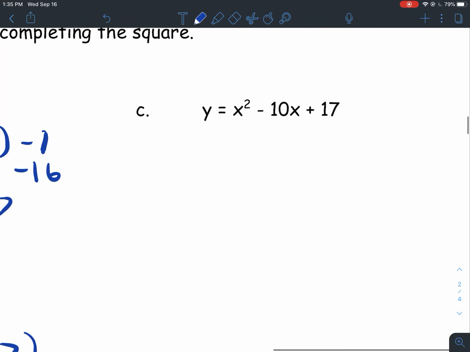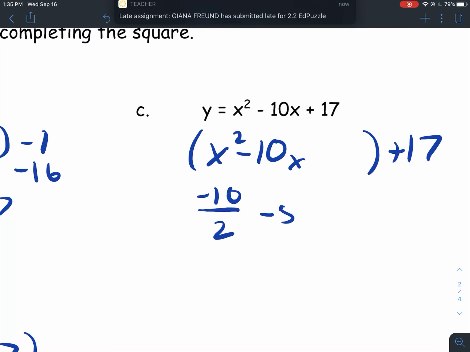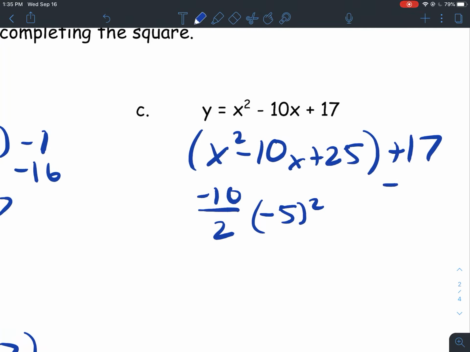Now let's try C. x squared minus 10x, leave our space, plus 17. So we end up, negative 10 divided by 2 is negative 5. You square it, you get a plus 25. So if we add 25, we have to subtract 25.